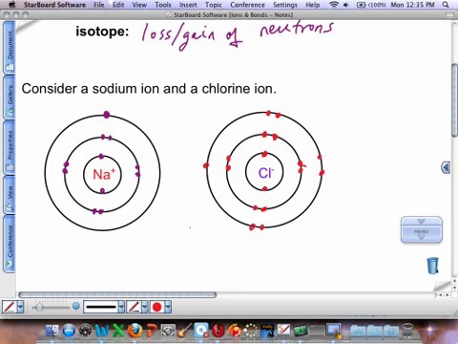So now what's going to happen is the sodium, in an effort to get to equilibrium, in an effort to have that full outer shell, is willing to lose that one extra electron. And the chlorine, in an effort to fill its outer shell, will readily take that electron, and we now have a bonding taking place.